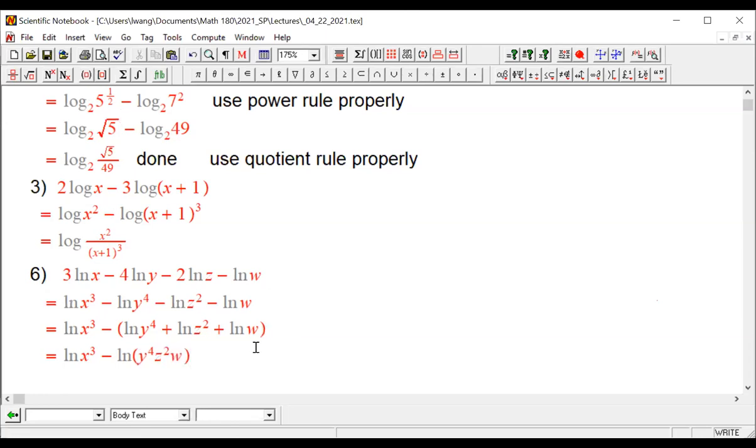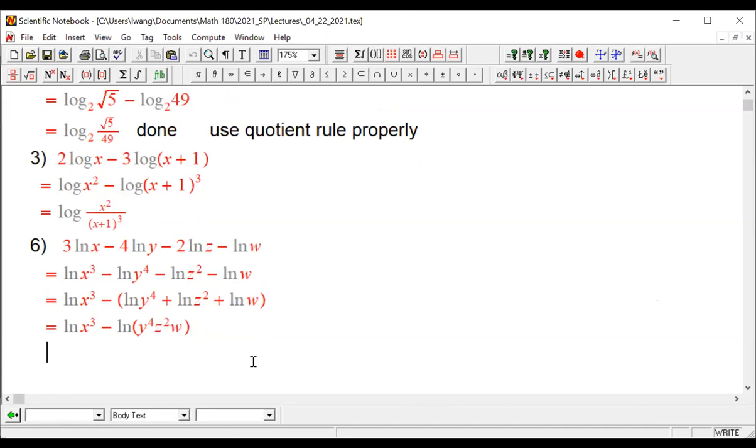The parentheses are optional. I thought this way might be a bit easier.